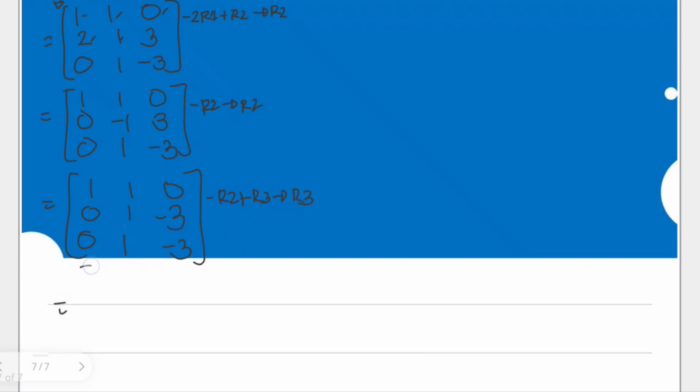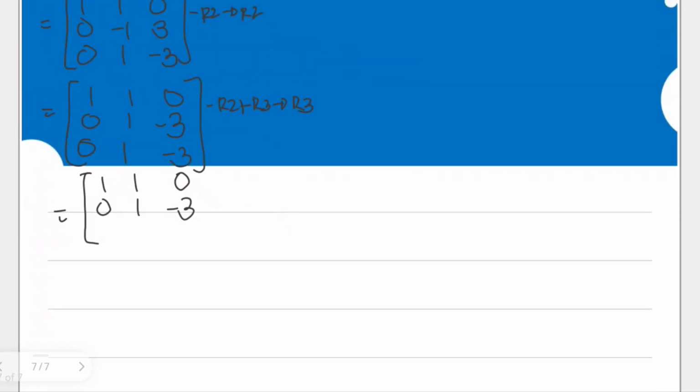So you will have 1, 1, 0, 0, 1, negative 3. Then negative of this plus that, that's 0. Negative of negative 3 is positive 3 plus this 0, which is 0. See, we have a row of 0 because we had rows that are multiples of the other a little earlier.